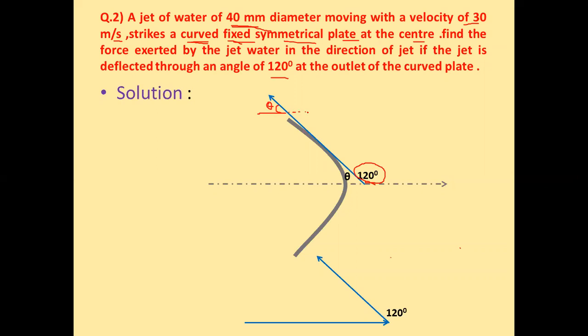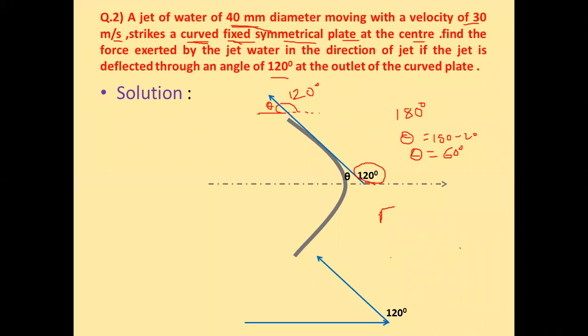If I extend this line, this angle will be 120 degree. Now this total angle is 180 degree, so theta will be 180 minus 120. That is, it will be 60 degree. So we have got our theta.